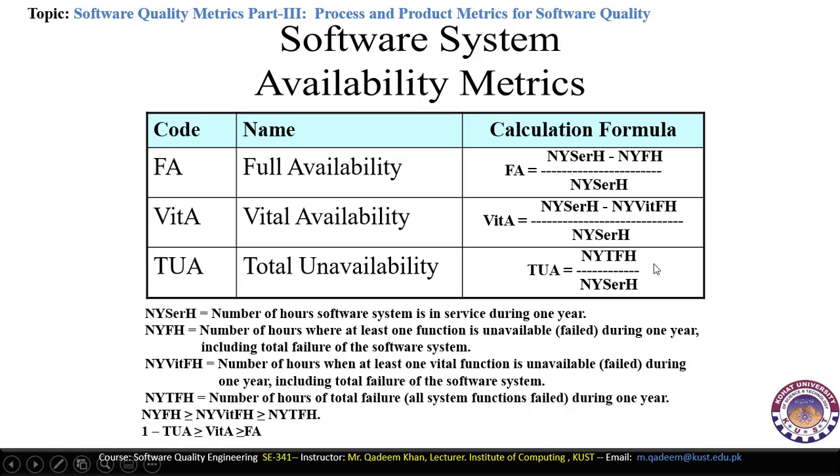That means the software has been maintained the same number of times as it has failed. When its value becomes more than 1, for example 20, 30, 50, 100, then we can say that the software's quality is very poor. And when it is less than 1, for example 0.5, 0.3, 0.2, or close to 0, then it means that the software is of high quality.